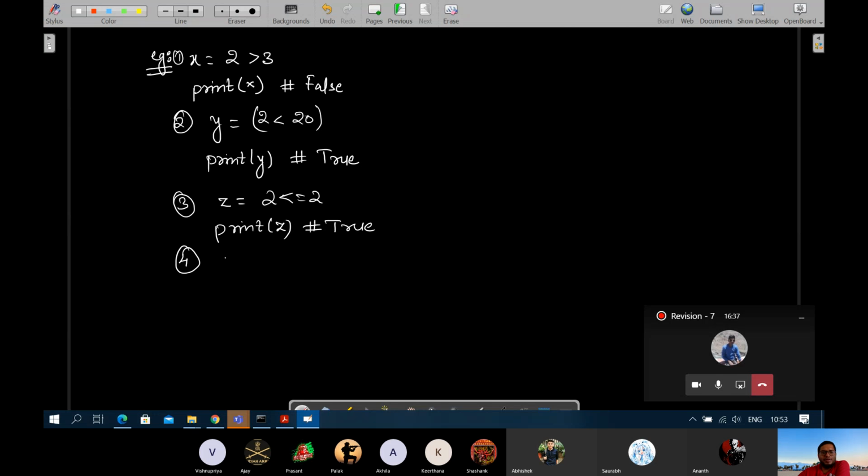If we have p is equals to 3 double equals to 5, then print p करेंगे, what we will get? Yes, इस केस में क्या होगा?